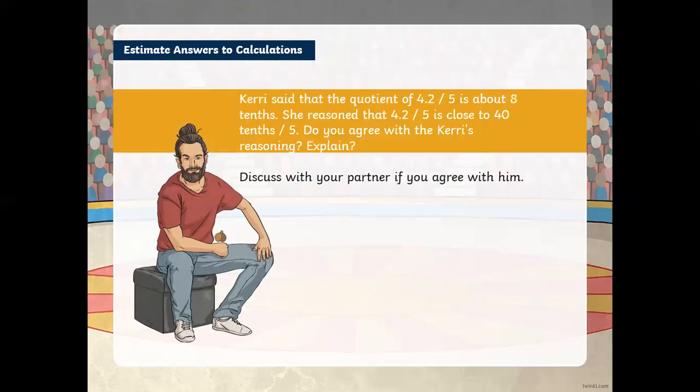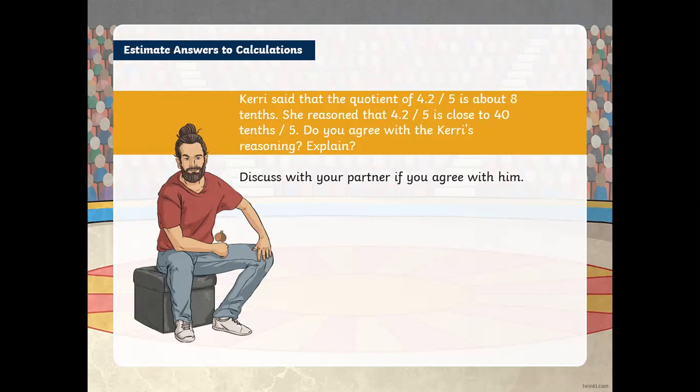Kerry said that the quotient of 4.2 divided by 5 is about 8/10.